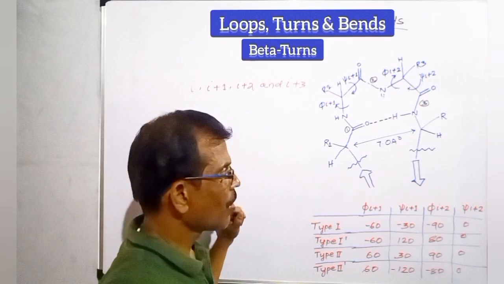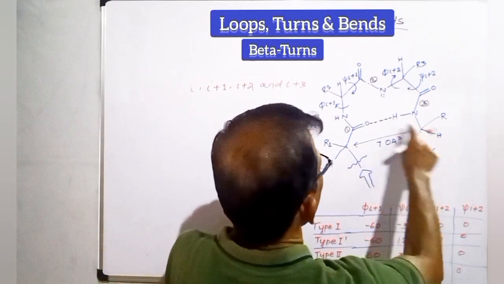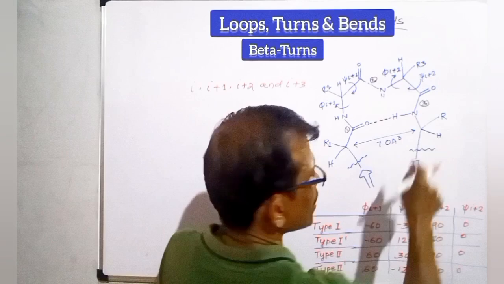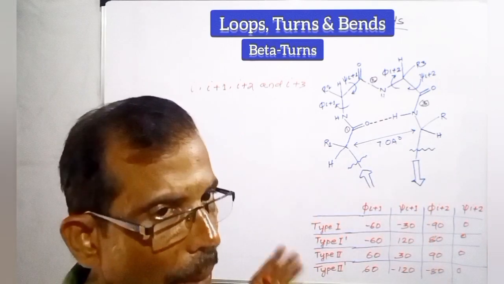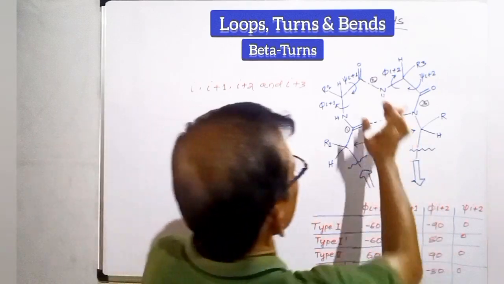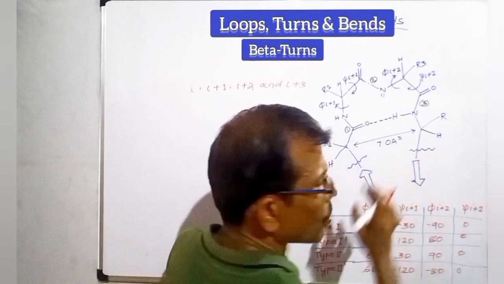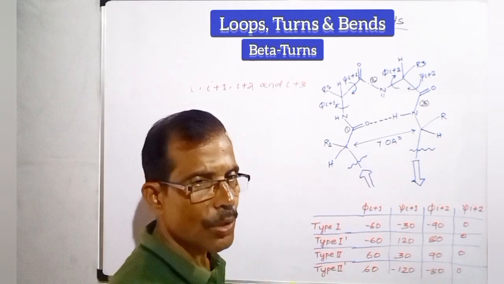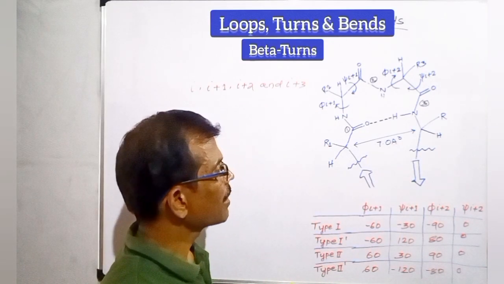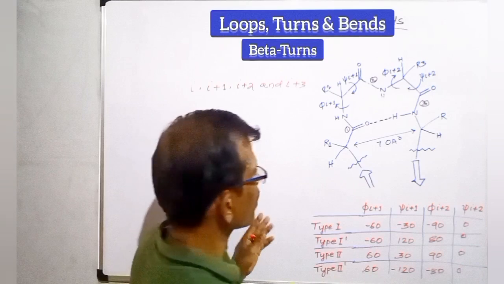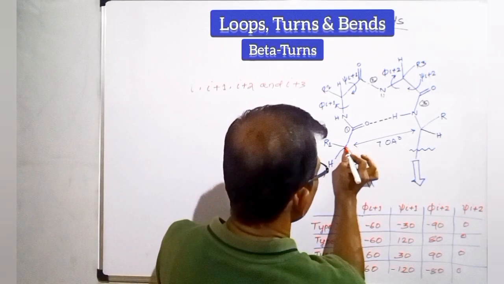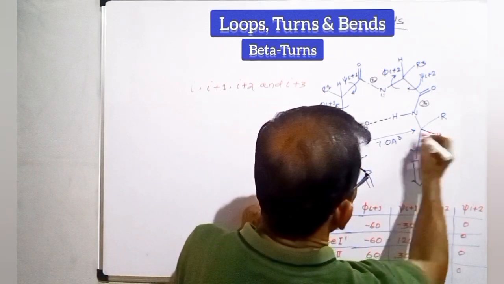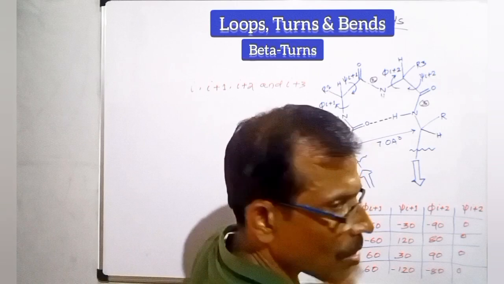In a beta turn, the end residues are separated by 3 peptide bonds, and the peptide groups of the central 2 residues do not participate in hydrogen bonding. The distance between the alpha carbon of residue 1 and that of residue 4 is less than 7 angstrom.